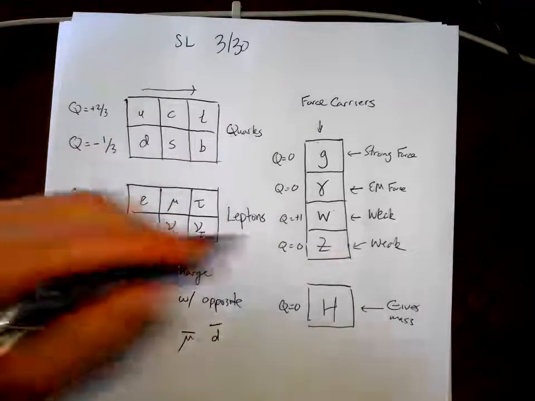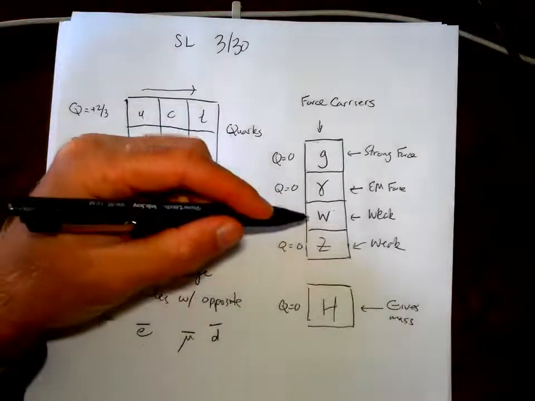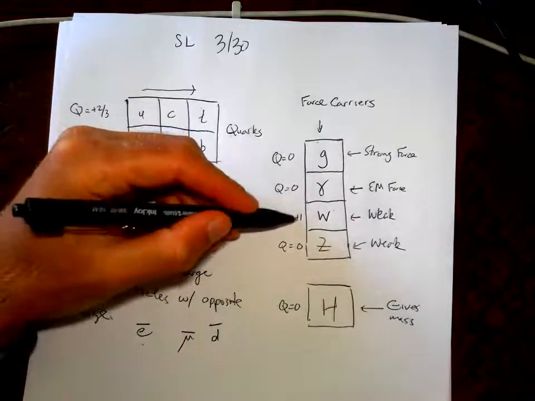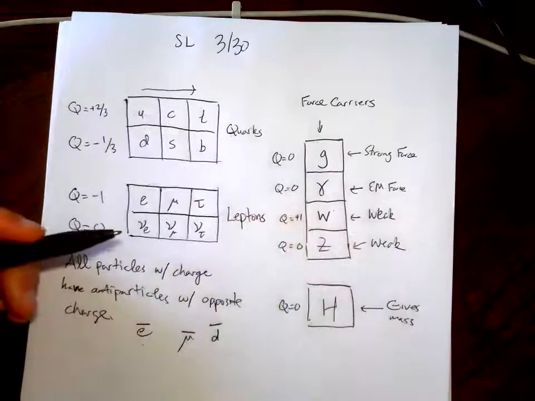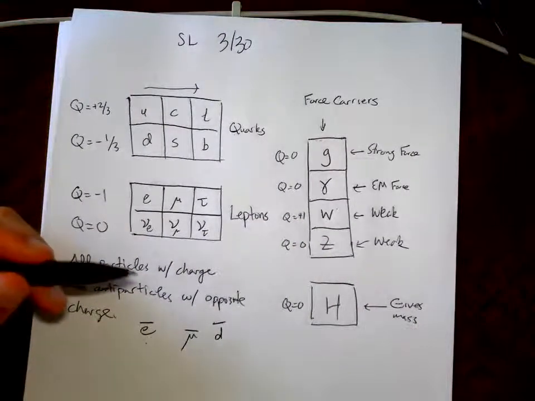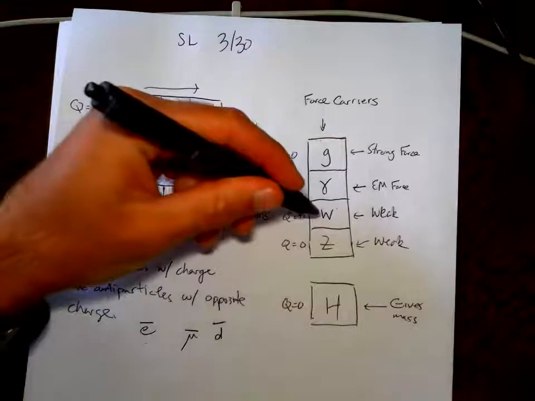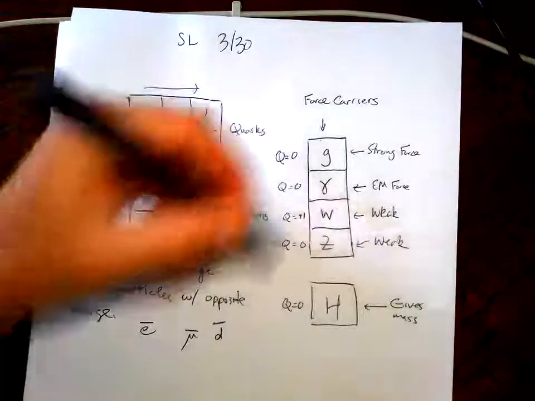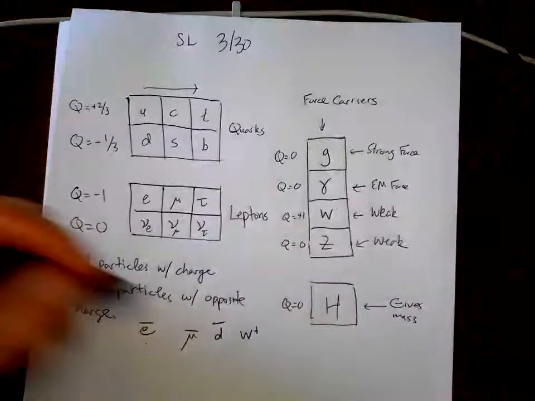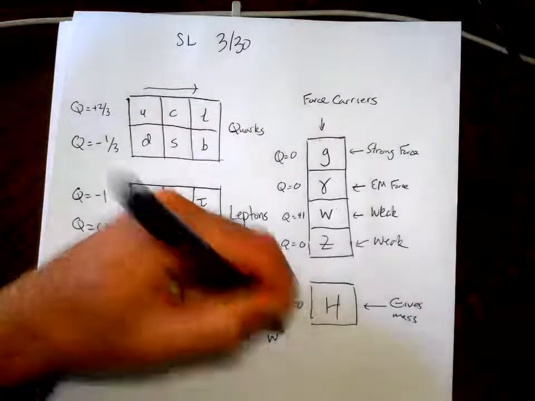Oftentimes, with the W boson, it has an antiparticle. You can see because it has charge, and typically the actual W boson is called W plus, and then its antiparticle is called W minus.